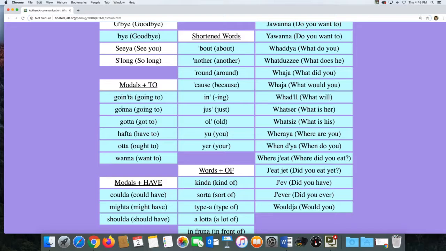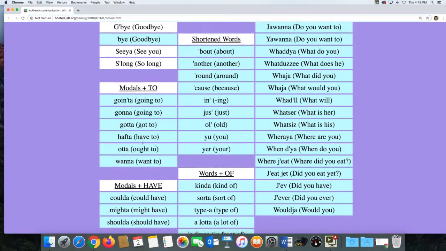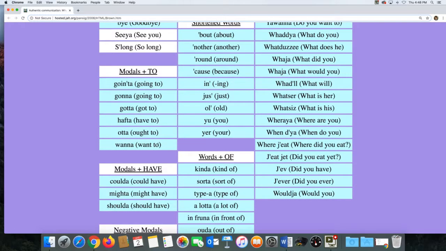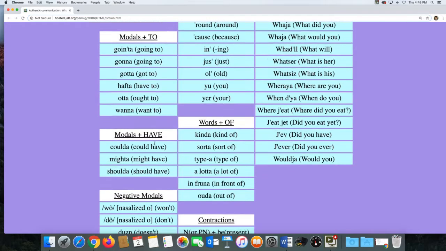Going to becomes gonna. Got to becomes gotta. Have to becomes hafta. Ought to becomes oughta. Want to becomes wanna. And you can see that the T sounds get even completely lost in that.